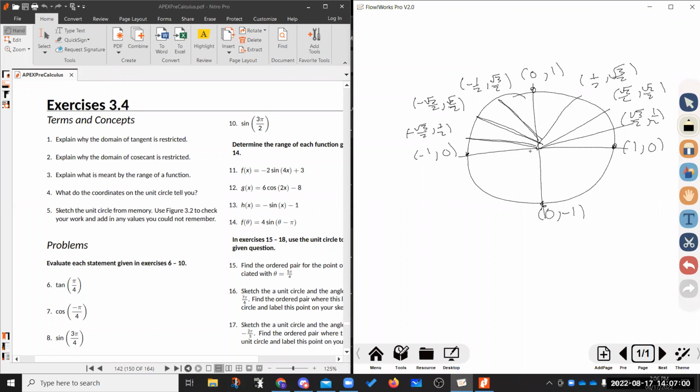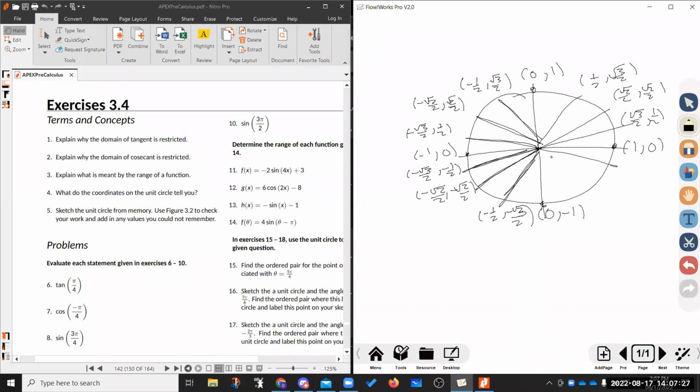And I'm going to come down here, 30-degree, 45-degree, 60-degree reference angle. With the 30-degree reference angle, we have both x and y negative: negative root 3 over 2, negative 1/2, negative root 2 over 2, negative root 2 over 2. Then we have negative 1/2, negative root 3 over 2.